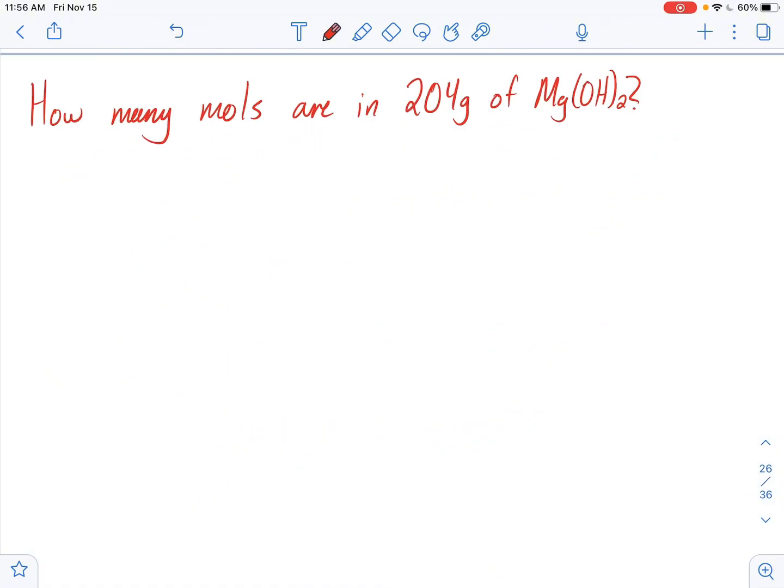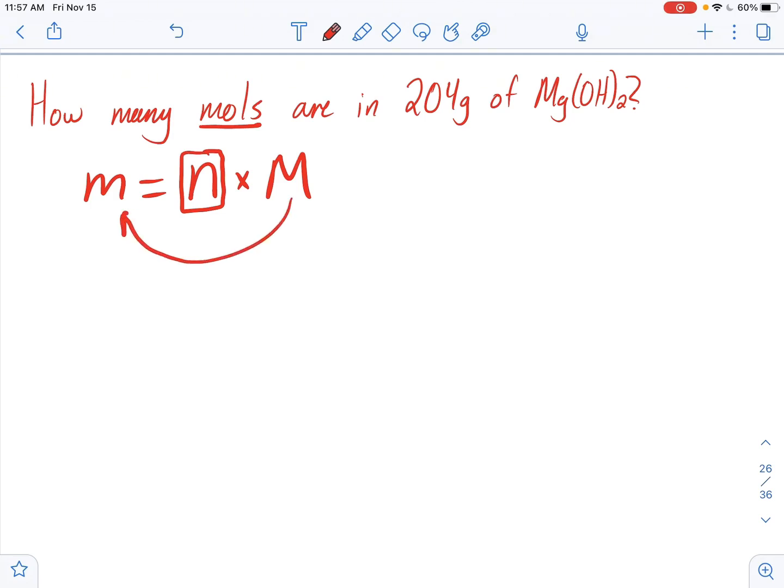So let's do a harder question. How many moles are in 204 grams of Mg(OH)2? Well, we know that mass equals the number of moles times the molar mass, right? But now we're trying to find moles, so let's get this by itself by bringing the molar mass to the other side.